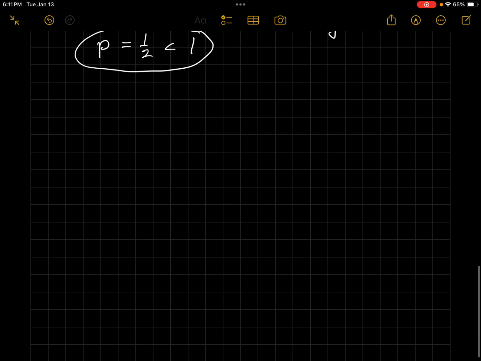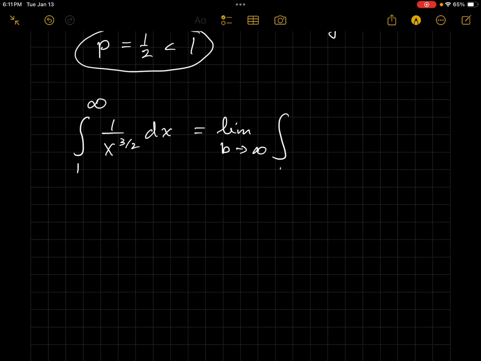What if we are to do something like the integral from 1 to infinity of 1 over x to the 3/2? Let's rewrite this with our technicality to remind us that we should be doing this. And I'll go right ahead and change that to x to the negative 3/2.